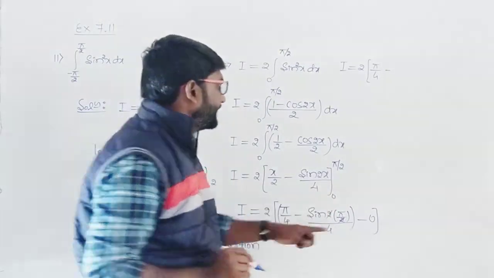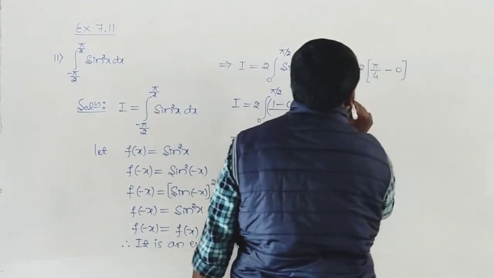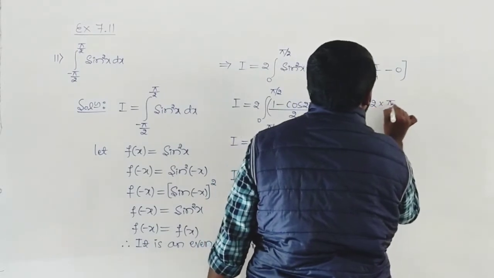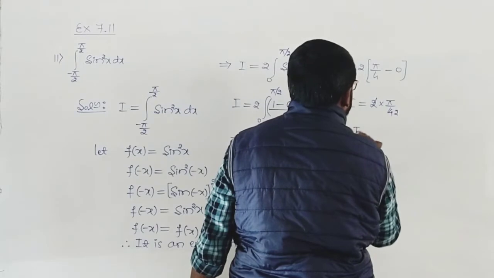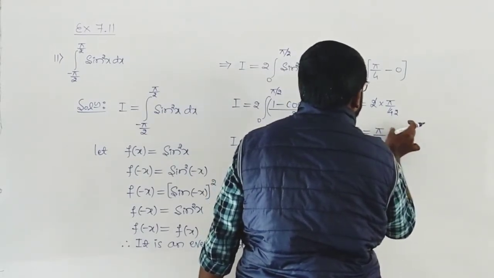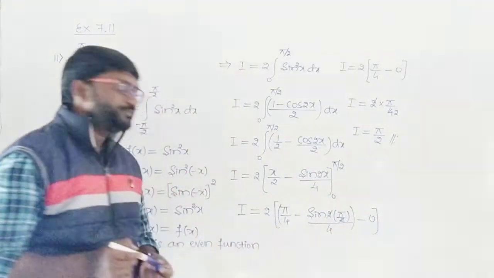So 0 by anything is always 0. So it becomes 0. Then I is equal to 2 into pi by 4. 2 ones are 2, 2 twos are 4. So I is equal to pi by 2. Therefore this is the answer for the 11th problem.